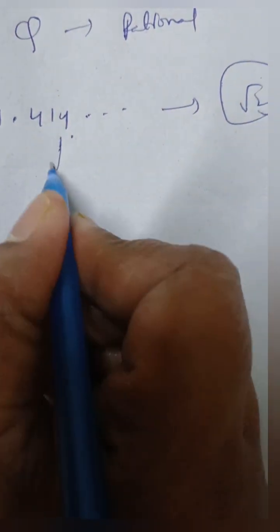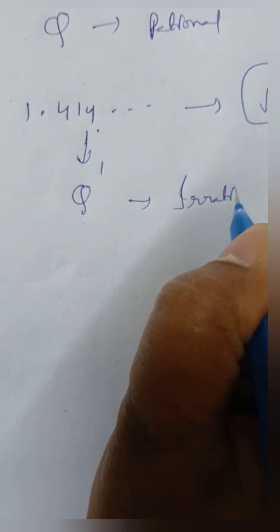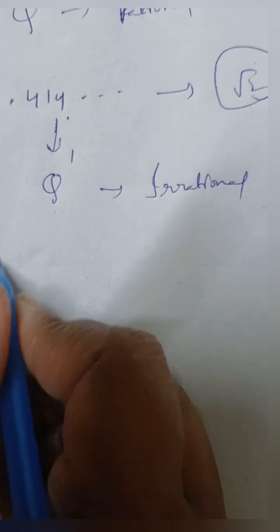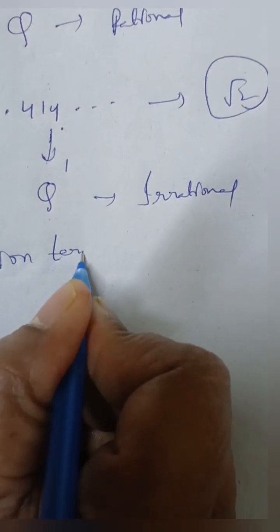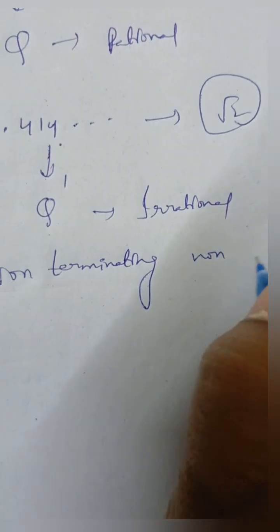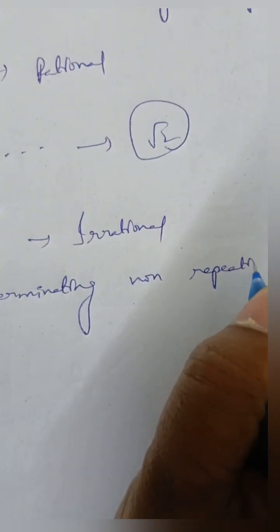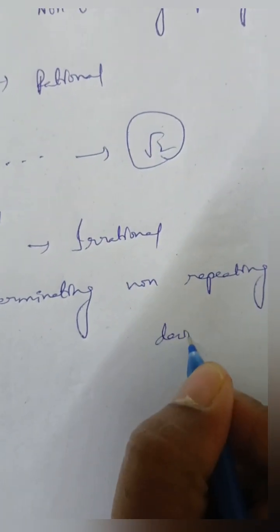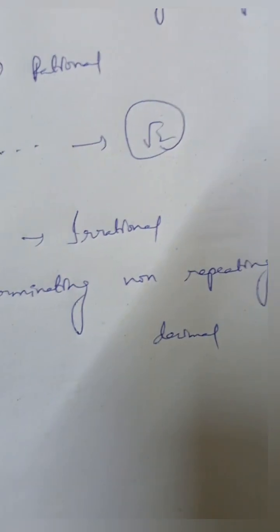No number is repeating. So it comes under irrational number. Root 2 is irrational. So non-terminating, non-repeating decimal. You should remember this.